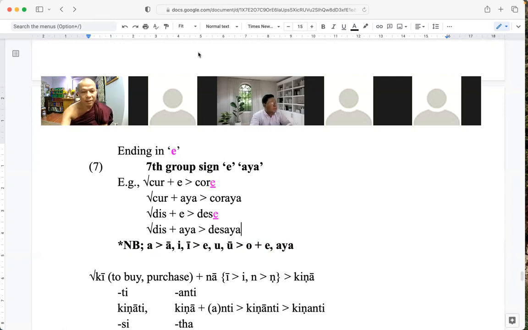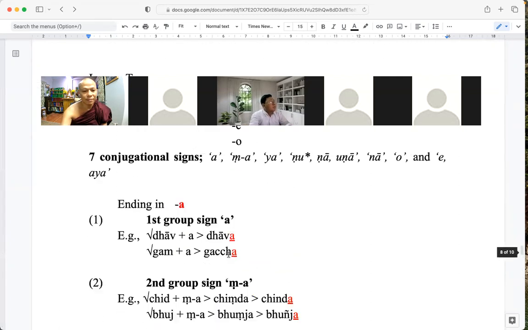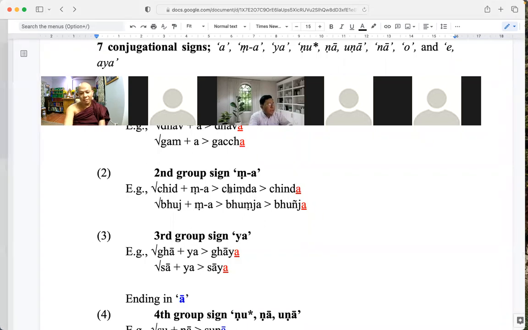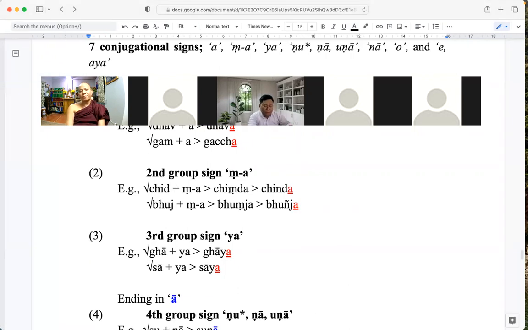I want to know about the second root sign. Okay. In the second root sign we change nasal ma and a. The same group change, or the same root change.